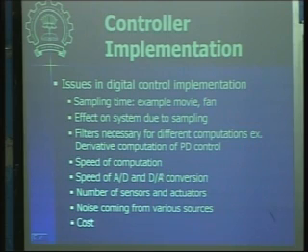Then another issue is speed of computation. Whatever microprocessor you are using, is it sufficient to compute your control law in a given sampling time? In the fixed sampling time, your control computation should be over for that particular time period. These are all the issues when you come to practical implementation.